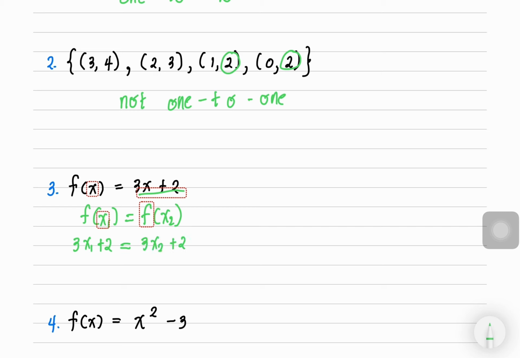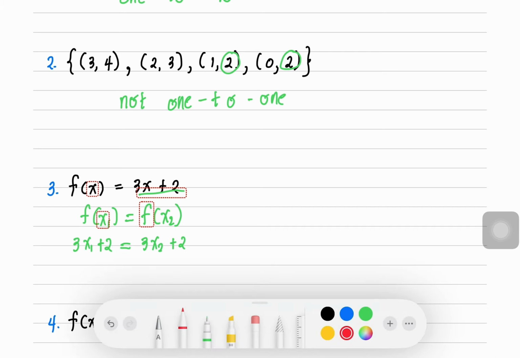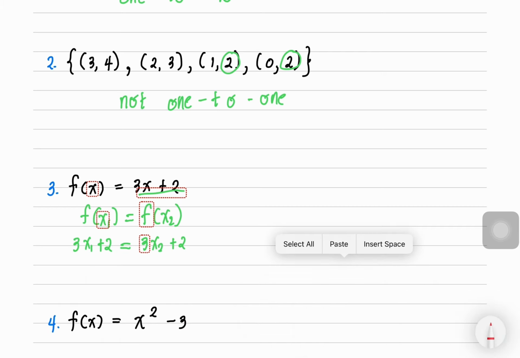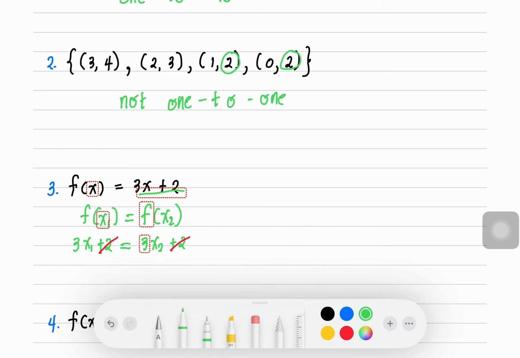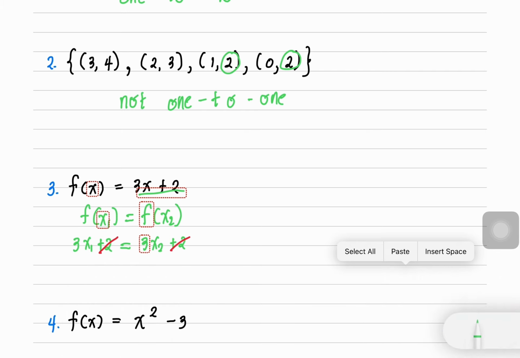So, guys, dito, we can cancel out the positive 2, right? Okay. So, pwede natin cancel out yan. So, we left with 3x sub 1 is equal to 3x sub 2.